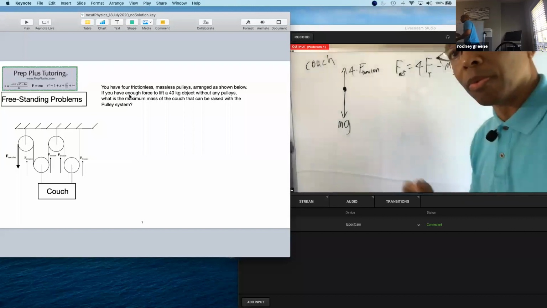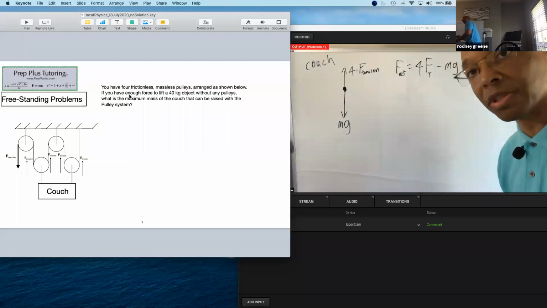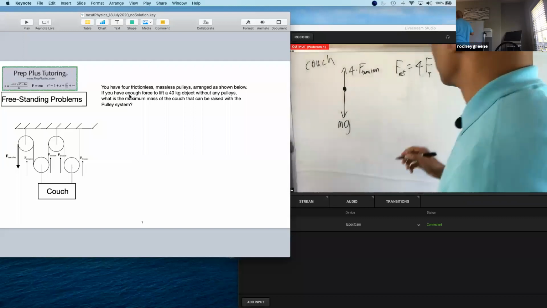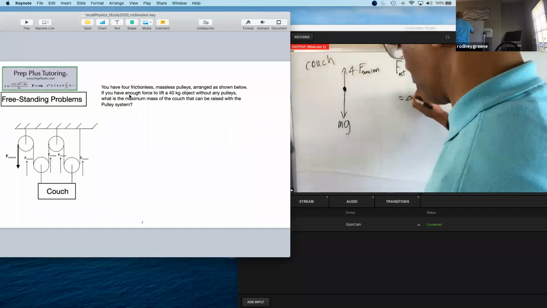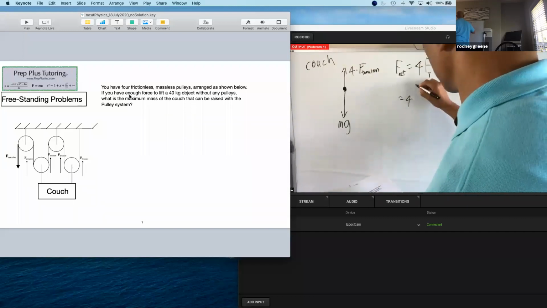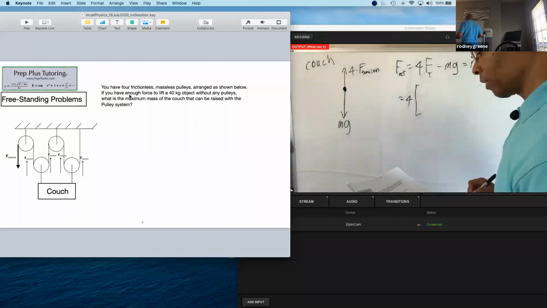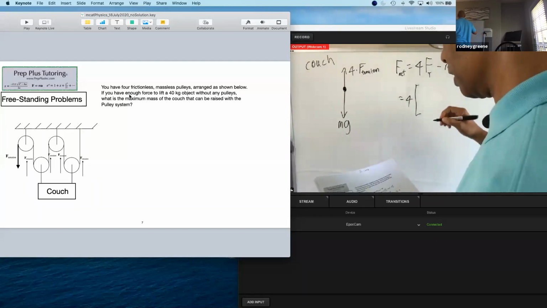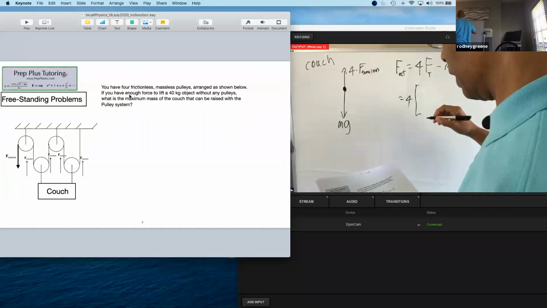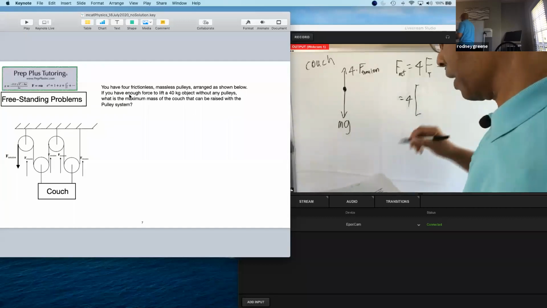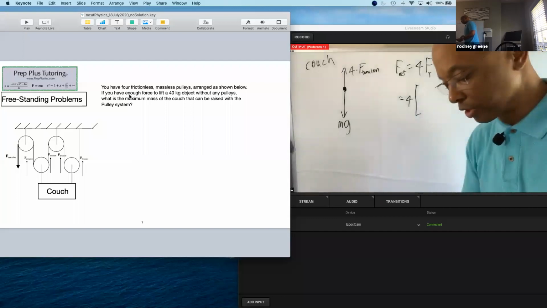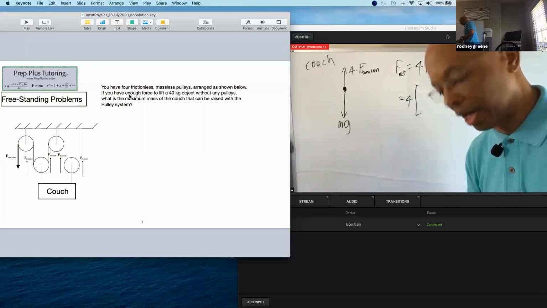So the problem gives us some values. We're going to plug those values in. Sorry, I have a typo here. It says that you have enough force to lift a 40-kilogram object.